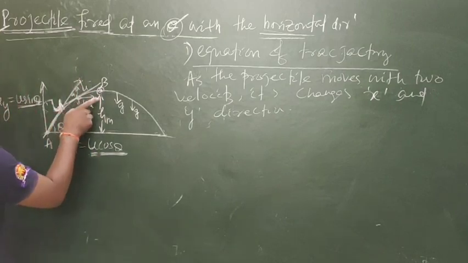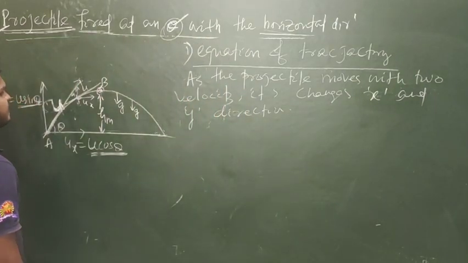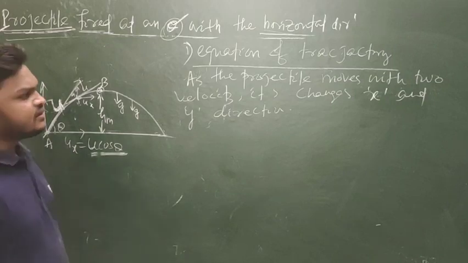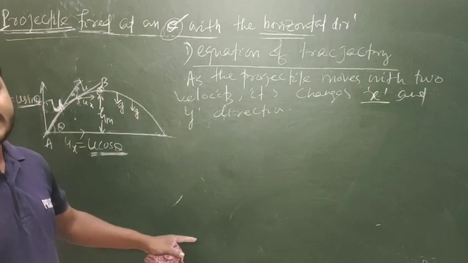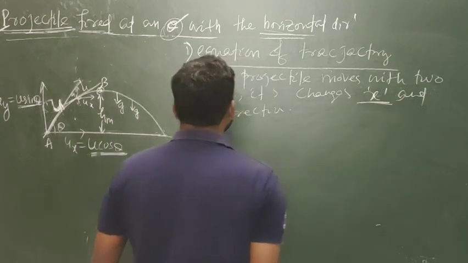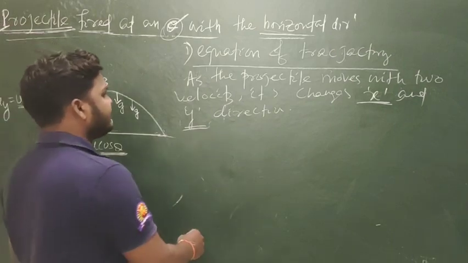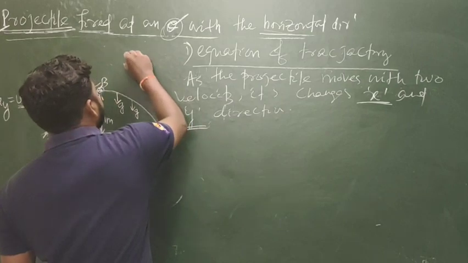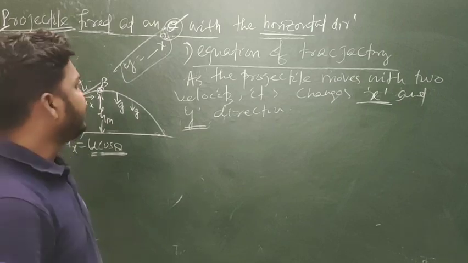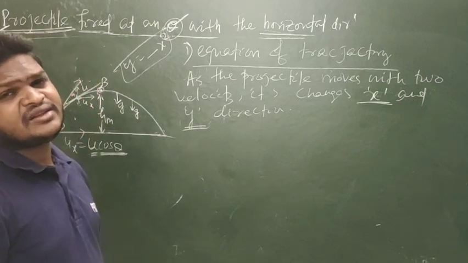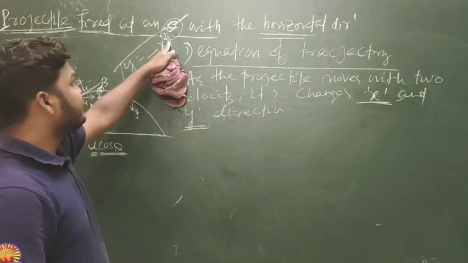So as the projectile always changes its two coordinates, the x coordinate as well as the y coordinate, we calculate how much distance the projectile covers in the x coordinate and how much distance it covers in the y coordinate. If we compare these two coordinates and get an equation of the type y is equal to something times x square, then this type of equation represents that the path of the projectile is parabolic, because y is a quadratic function of x.